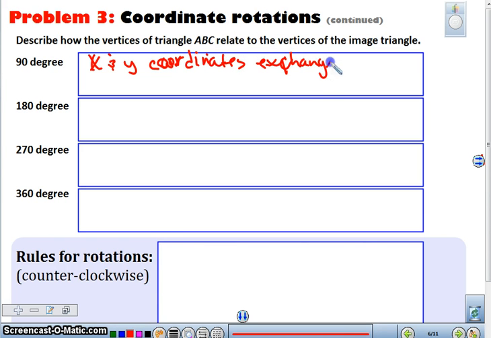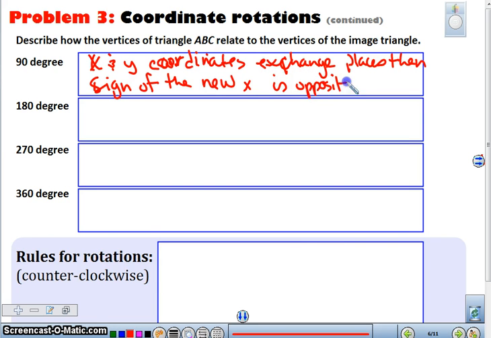So notice every time we did that, they exchanged places. And then the sign of the new first coordinate, which is our x, the sign of the new x is the opposite. So if it was negative, it became positive. And if it was positive, it became a negative.